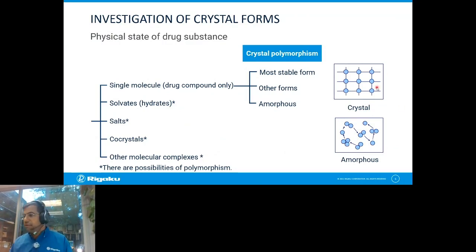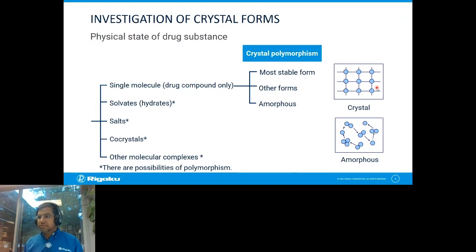We are aware crystal form is the lattice, which is the repetition of the unit, and amorphous has no such lattice repetition, but their physical properties are very different, and dissolving of them in the body is also different. So it's very important to be aware of their forms, and XRD is one of the great techniques to see that, as we will see in the coming slides.